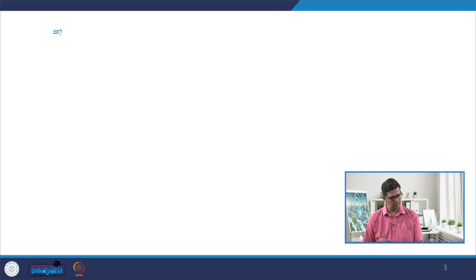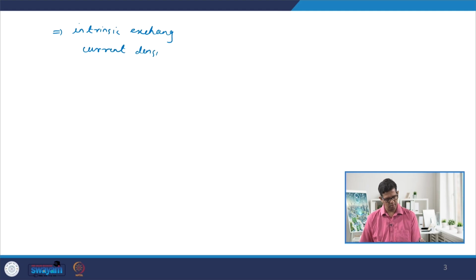So, in other words, this intrinsic exchange current density J naught dash is far greater than the apparent exchange current density J naught. The geometrical area is also called the apparent area. Let me write that down.